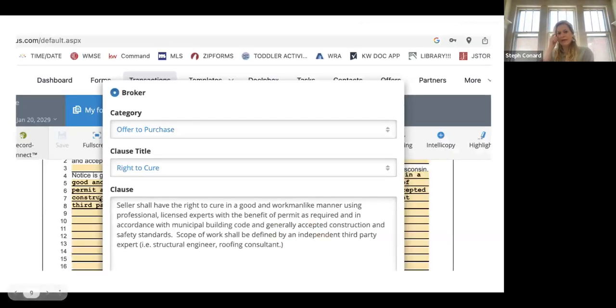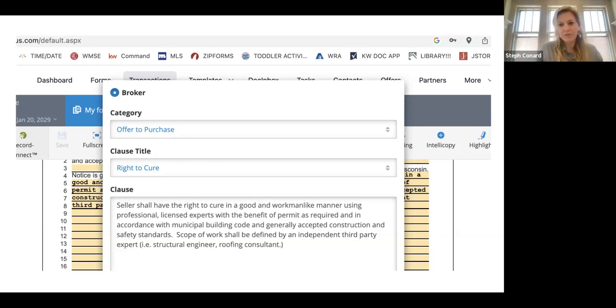So in our clause libraries, we have a clause which can be added to our offers, which gives the buyer additional protections when it comes to the right to cure. So let's say the buyer gives the seller the right to cure and a notice of defects is delivered and the seller decides we will cure the defects.